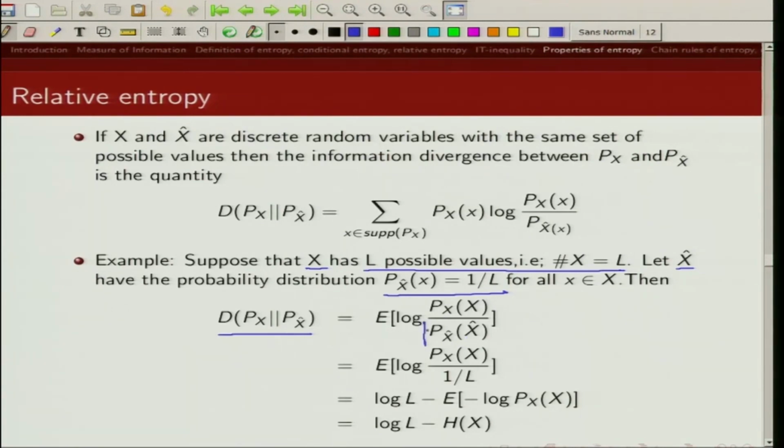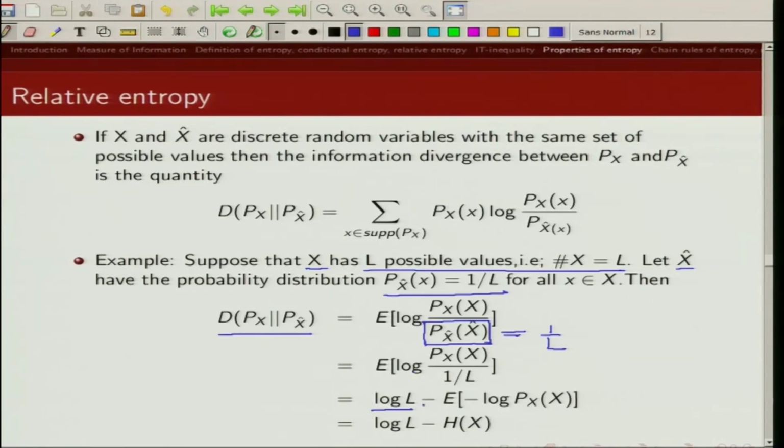Now what is p of x hat? This is uniformly distributed, so this is basically equal to 1 by L. So if we plug that in here, we get expected value of log of L times p of x. Log of L does not depend on x, so I can take it out. So log of L, and then what I am left with is expected value of log of p of x.